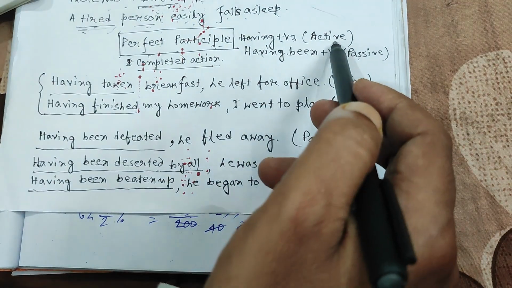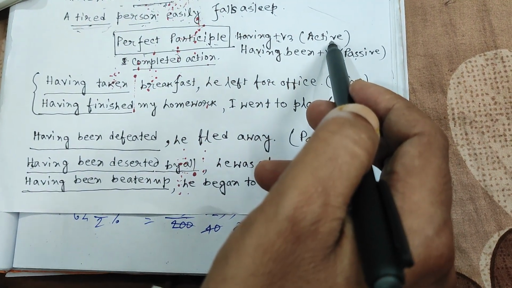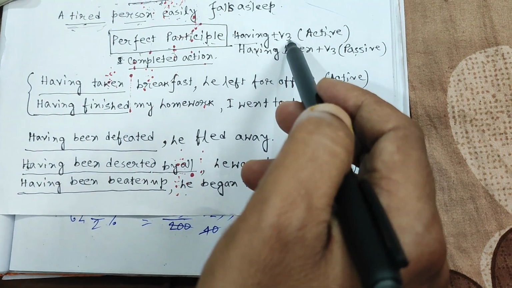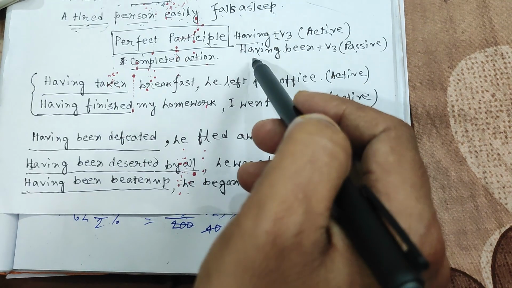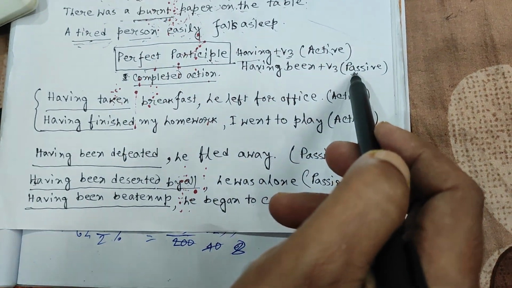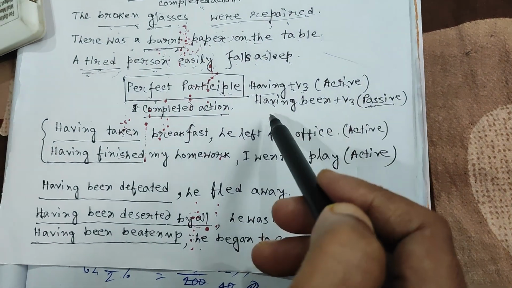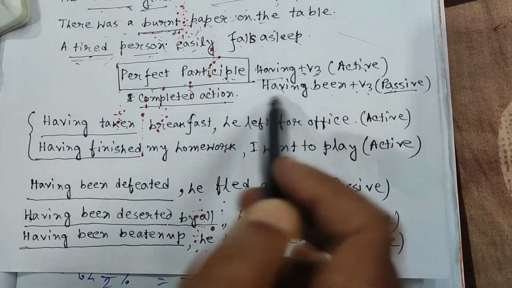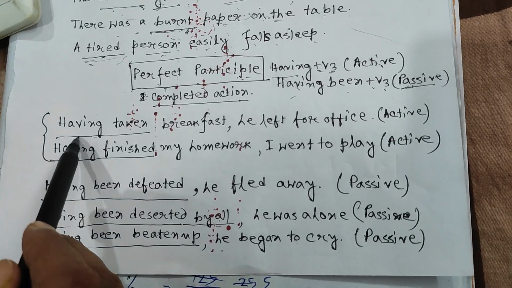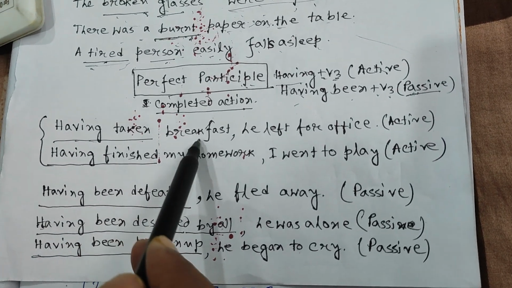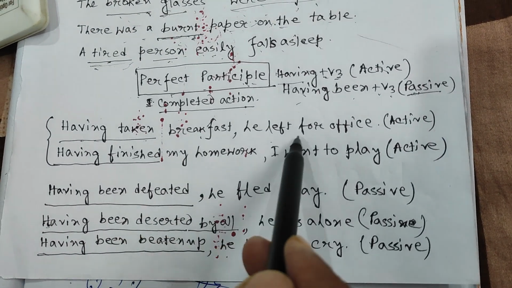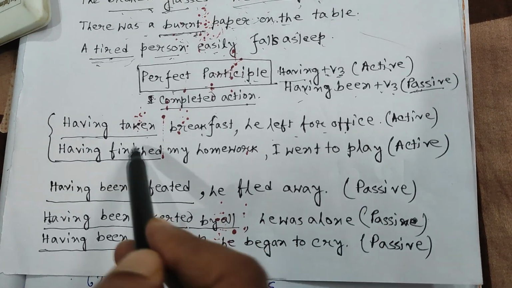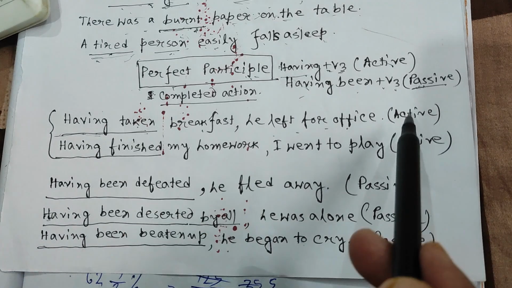Perfect participle in active form can be created by having plus V3, past participle, and in case of passive form, having been plus V3. Let us take examples. Having taken breakfast, he left for office. This is the example of perfect participle in active form.